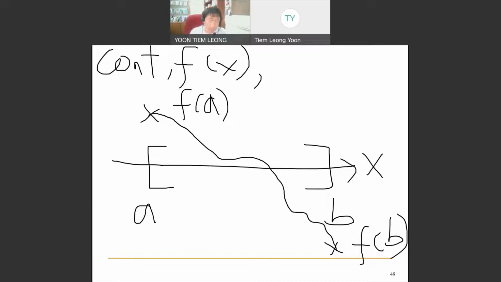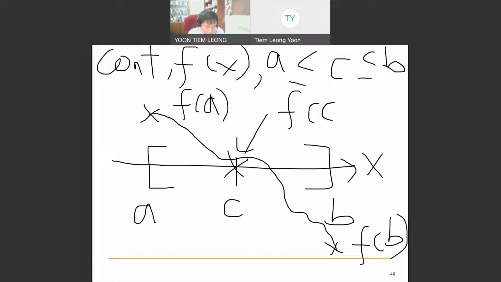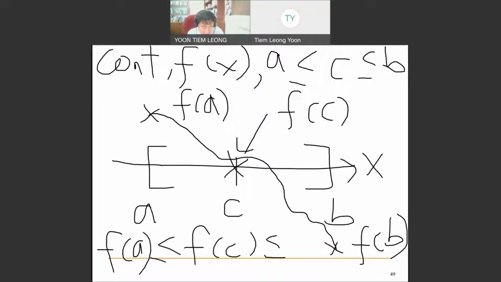So theorem 11 says that there must always be a value called c, which lies between a and b, including a and b at the endpoints, such that the value of the function at the point c, we call it f(c), is sandwiched between f(a) and f(b). Okay, this is what the theorem says.